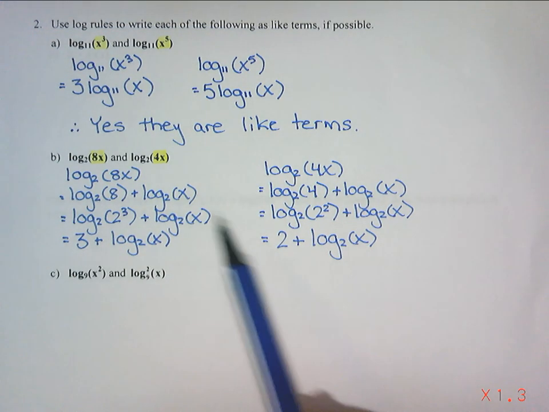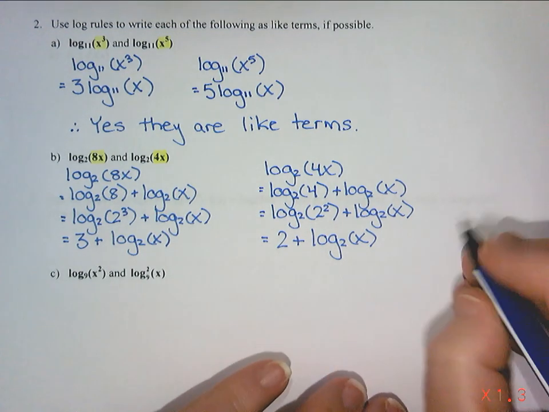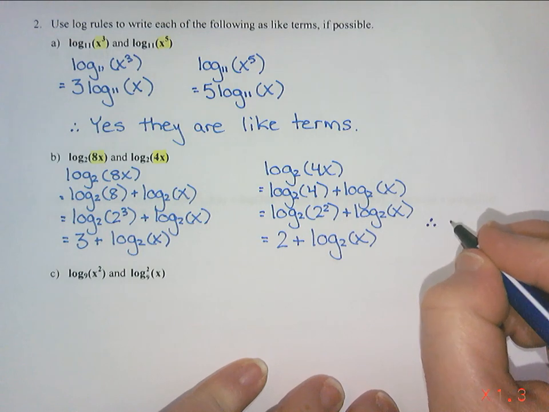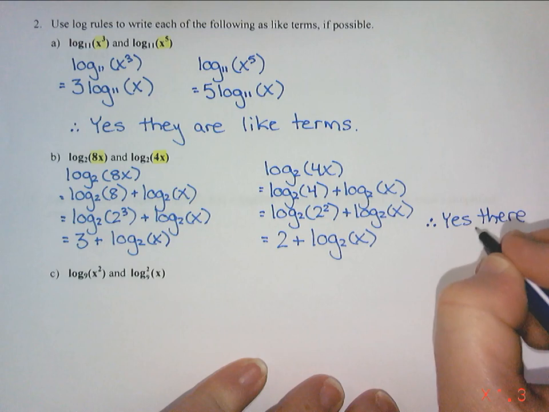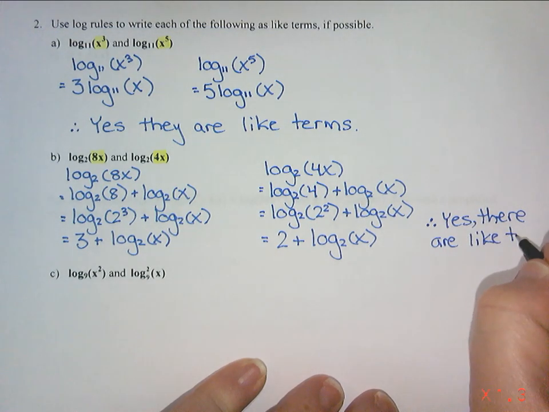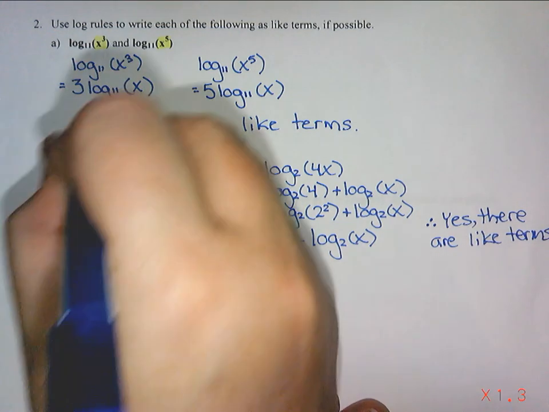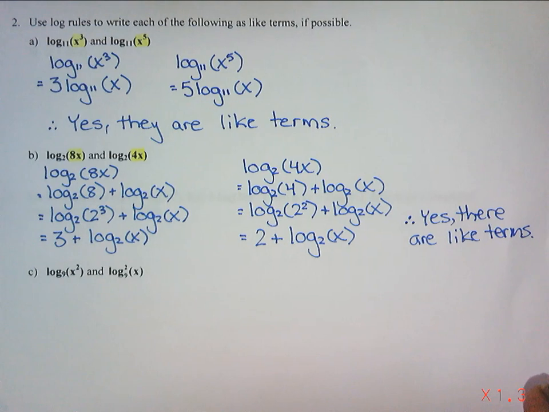So I am going to say that these are actually like terms. Except now we've got different parts to the like terms, but they are still like terms. So yes, there are like terms.